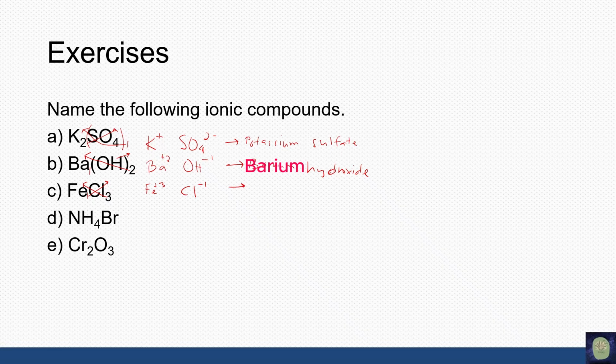So to name, again, Fe3 positive is iron. Then we'll use the parentheses. So how many charge? 3. So Roman numeral 3. And then chloride.